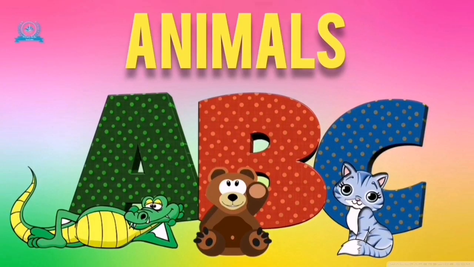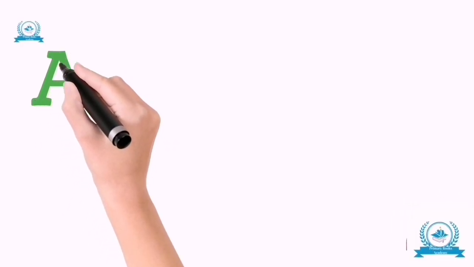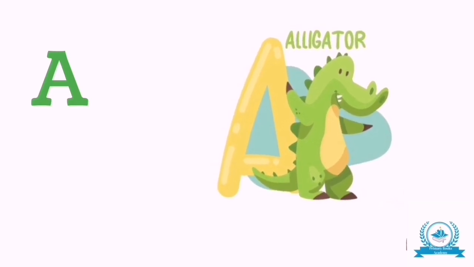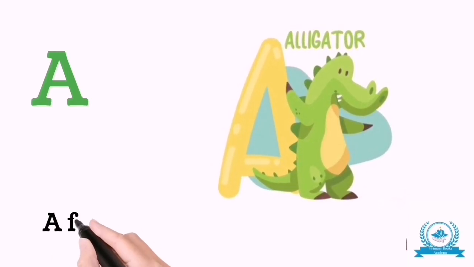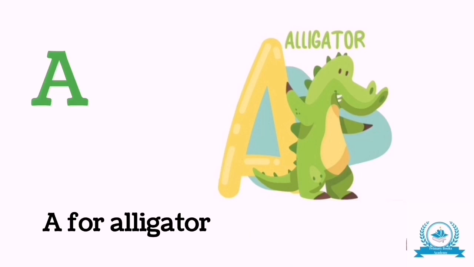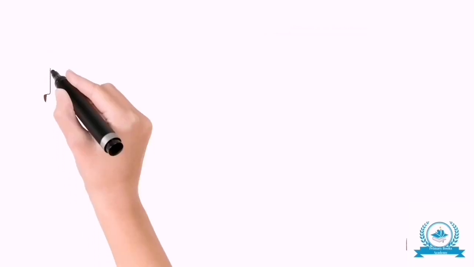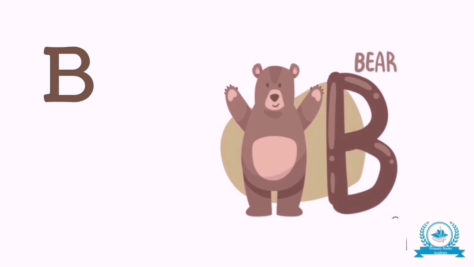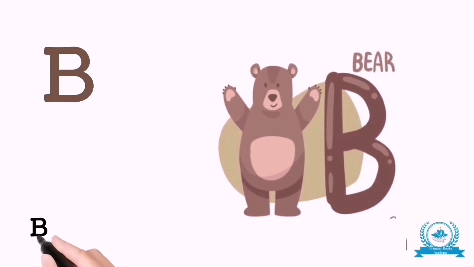Now we learn animals ABC. A for alligator. B for bear.